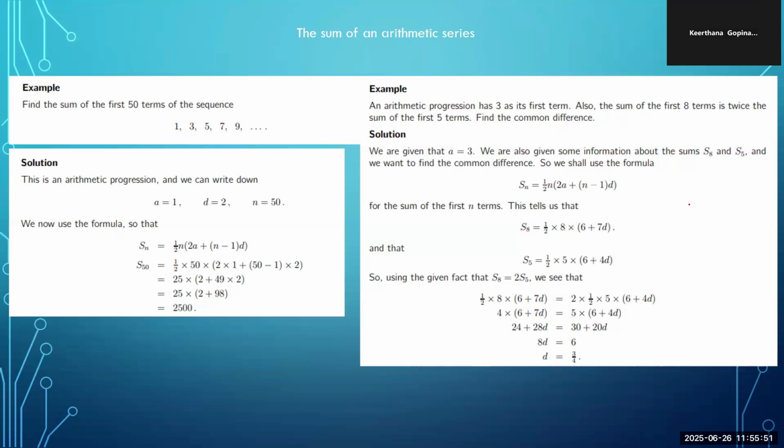Now it is given that the sum of 8 terms is twice the sum of 5 terms. So S8 equal to 2S5. Are you getting it? That is what it means.